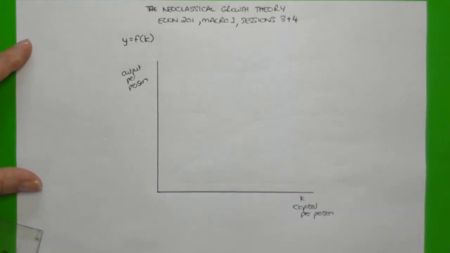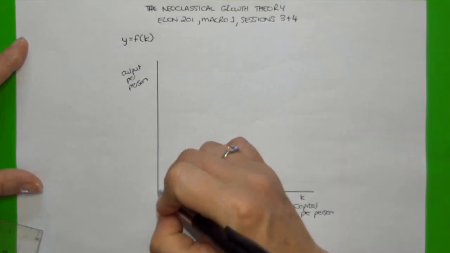But you should also remember that the slope of the production function is bowed out or concave. That means that it's not a straight line. And essentially, the bowed out or concave shape derives from the fact that we assume that the relationship between capital stock per person and output per person is subject to diminishing marginal returns to capital stock.